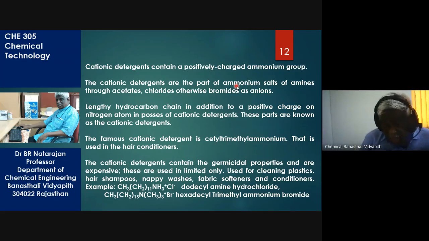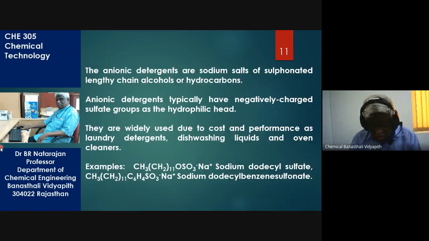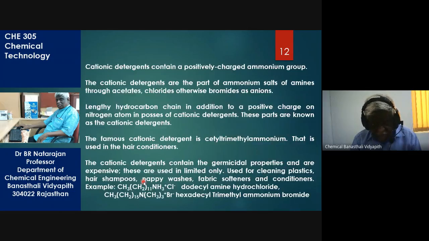Then comes cationic detergents. They have a positively charged ammonium group. The cationic detergents are ammonium salts of amines with acetates, chlorides, or bromides as anions. A lengthy hydrocarbon chain in addition to a positive charge on the nitrogen atom.